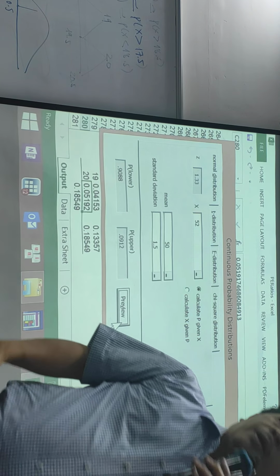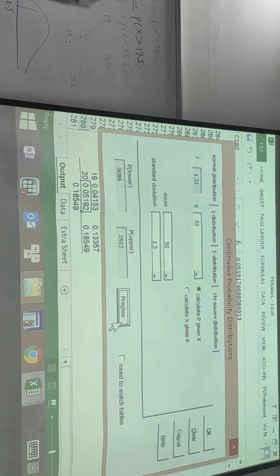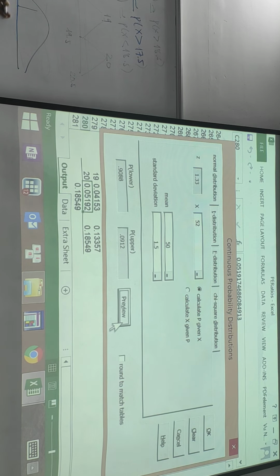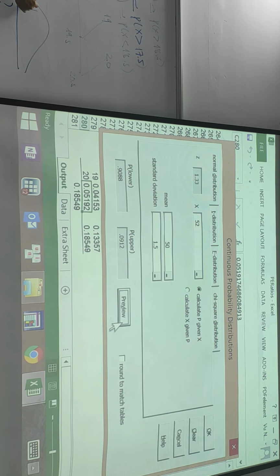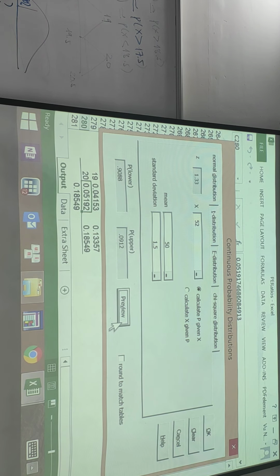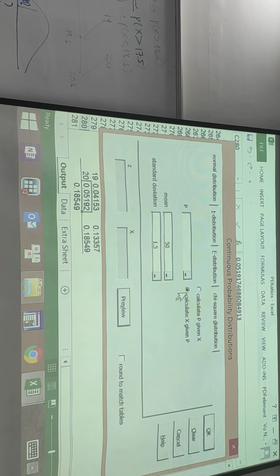We can also do the reverse. Let's say, what is the value here so that we have 20%? Reverse means calculate X given P. So let's say P is 0.2.